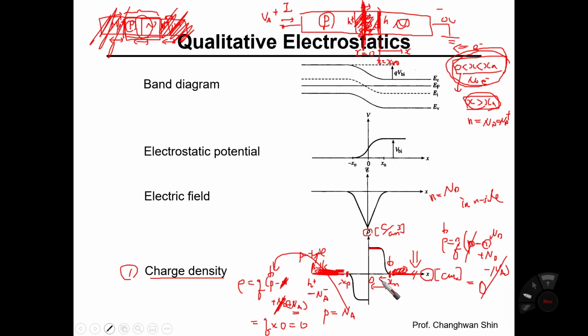So below xn, the whole region is fully depleted of electrons. However, beyond xn, all the electrons are well neutralized with donors. Then what is this value? Yes, you're right: Q times N sub D.